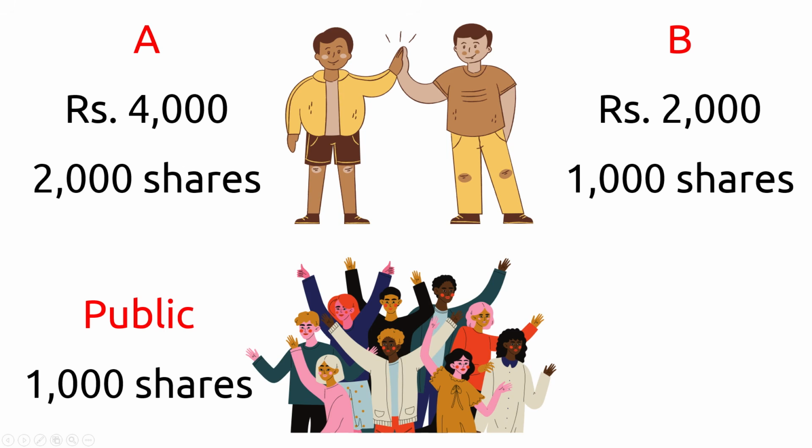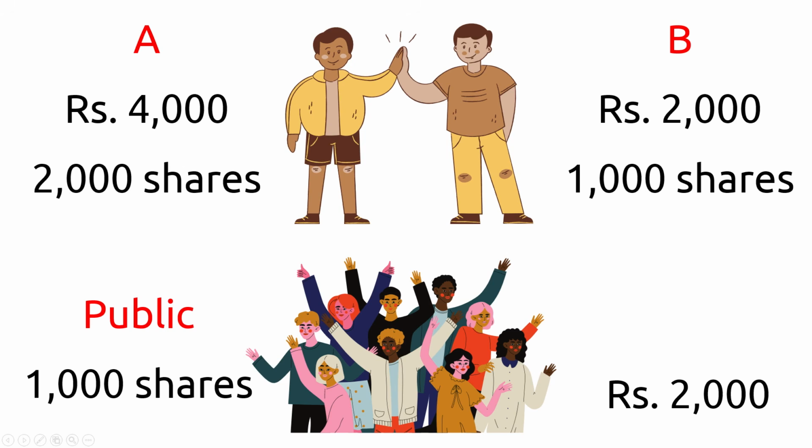The public buys the 1,000 shares in the IPO, and the company gets the 2,000 rupees that it wants to start the industry. So this is what we have seen till now.